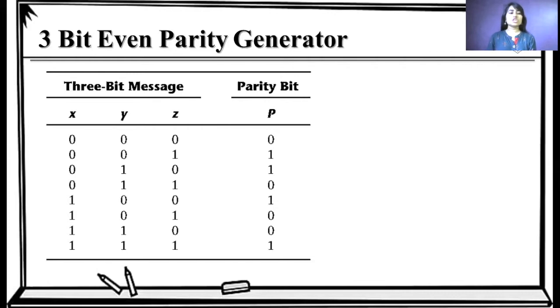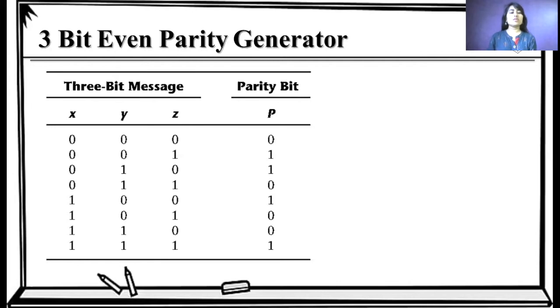Then for the 3-bit message 001, the number of ones is 1, that means odd. So to make this count even, we have to add another 1. So P for even parity is equal to 1.